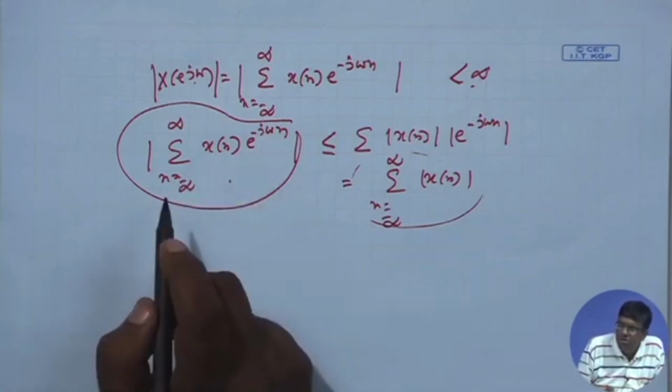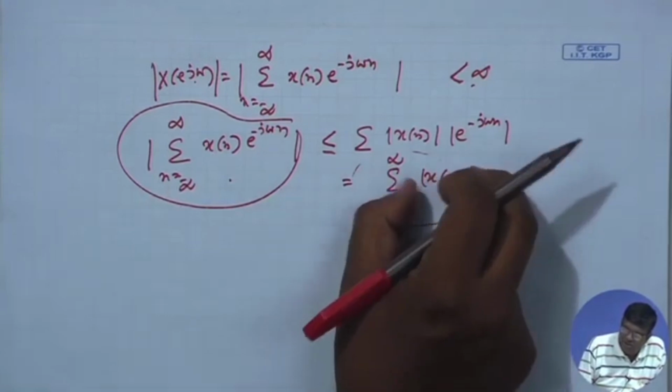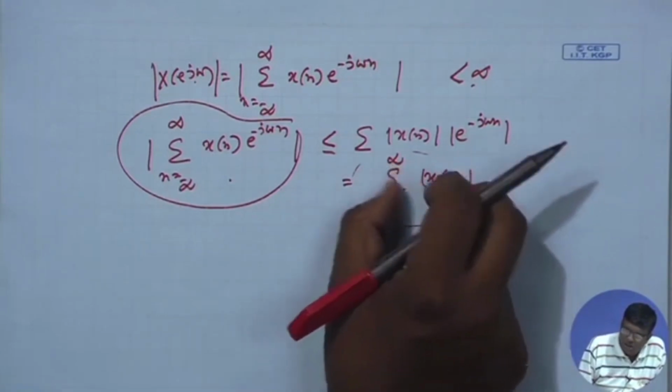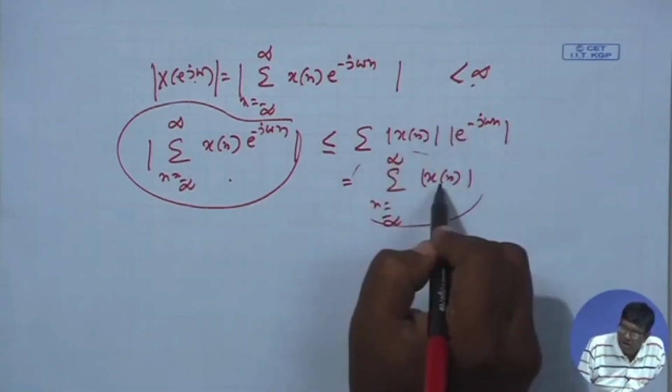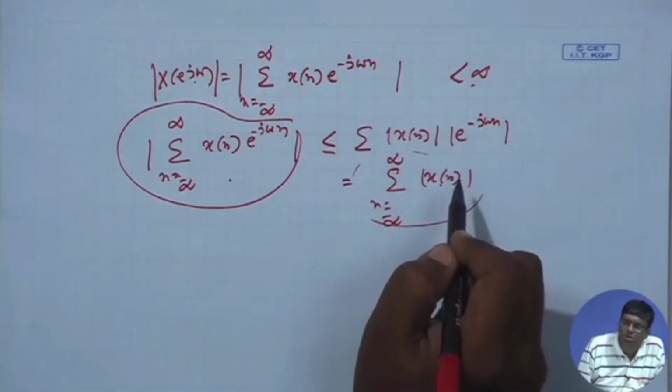So a sufficient condition for the DTFT to exist is that the sequence, its mod value, if you sum, should be finite; that is, the sequence should be absolutely summable. We have already come across this absolute summability in the context of stability.